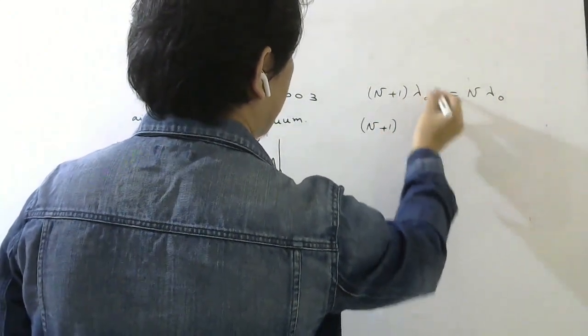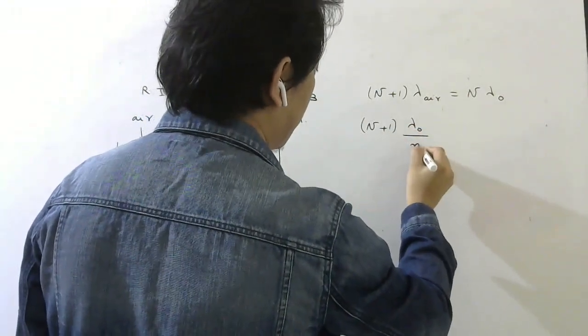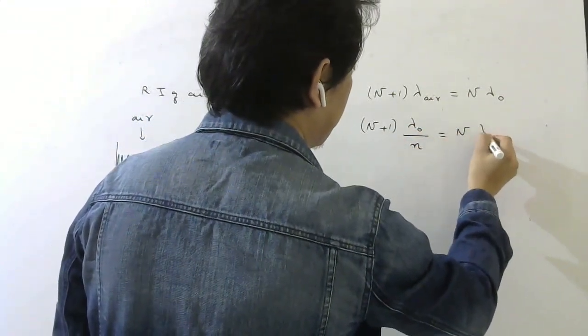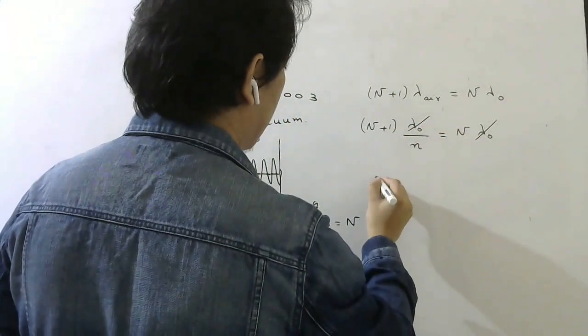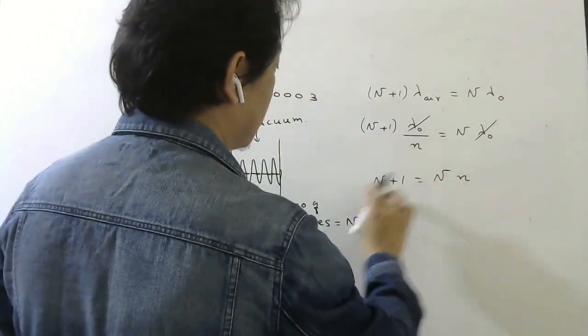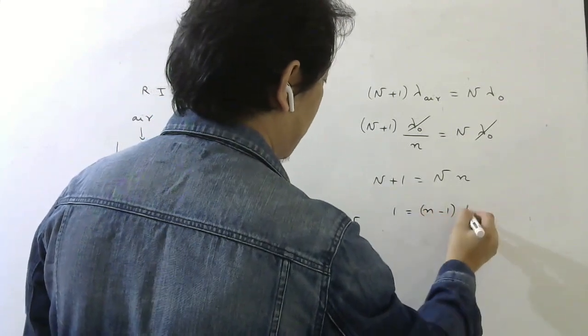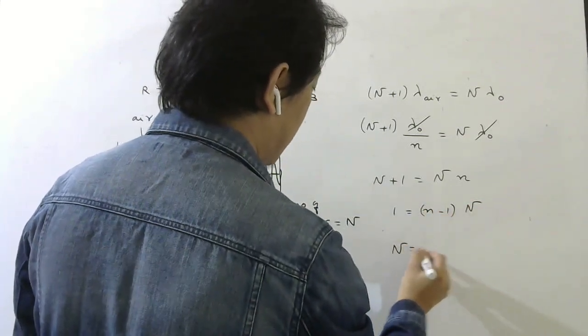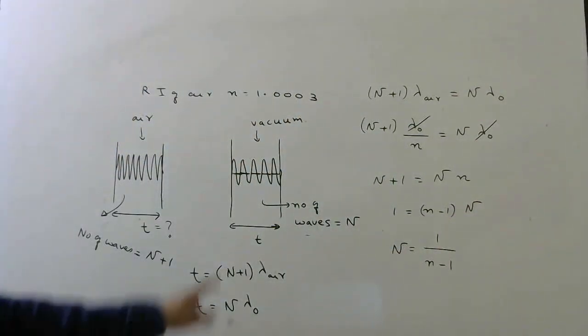This quantity, wavelength in air, I can write as wavelength in vacuum divided by refractive index n. This will cancel. So I cross multiply, N plus 1 will be equal to N times n. So take this N this side. So N times (n minus 1) equals 1, so capital N is 1 by n minus 1. So I have found the number of waves here.